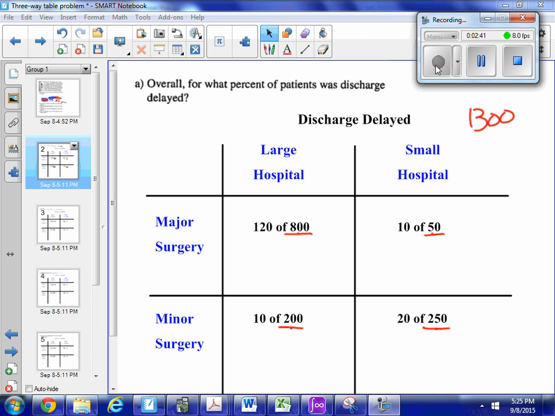And how many of them was discharge delayed? Well, 120 of them here, 10 of them here, 10 of them here, and 20 of them here. So that's 20, 30, 40, 160. 160 were delayed, and this is combining large hospital, small hospital, major surgery, minor surgery. 160 were delayed out of 1,300.